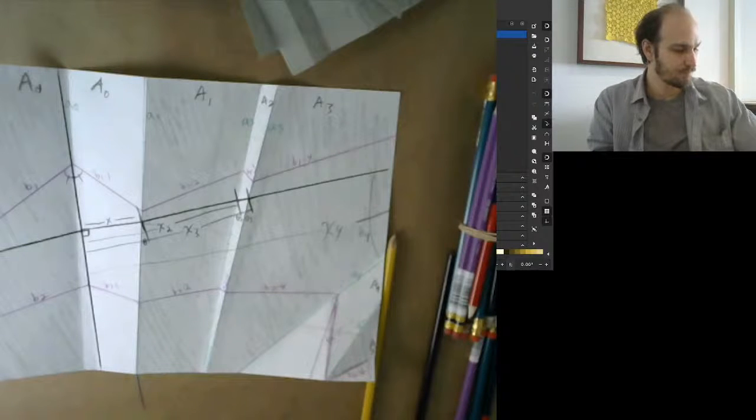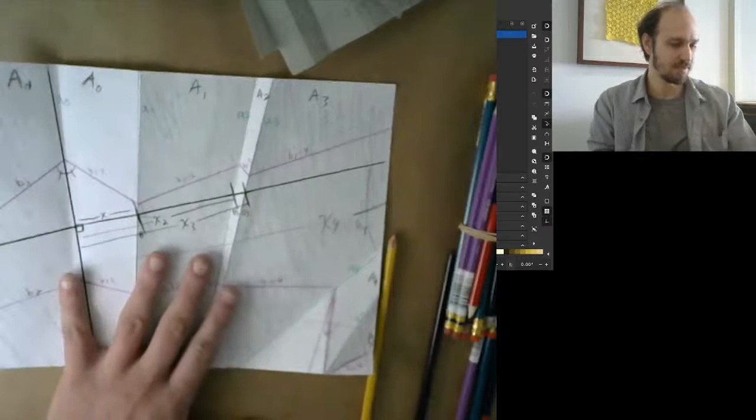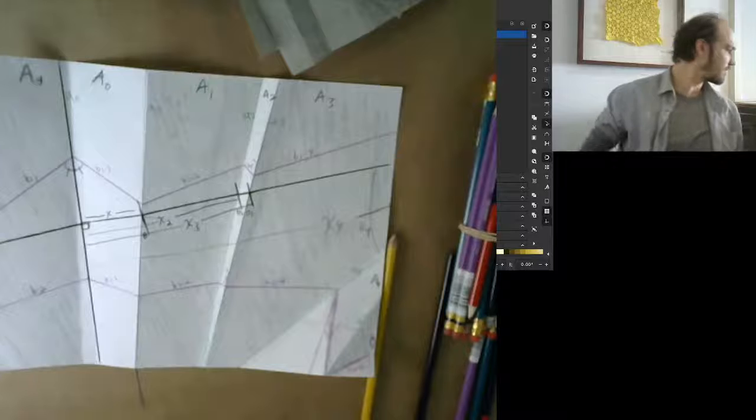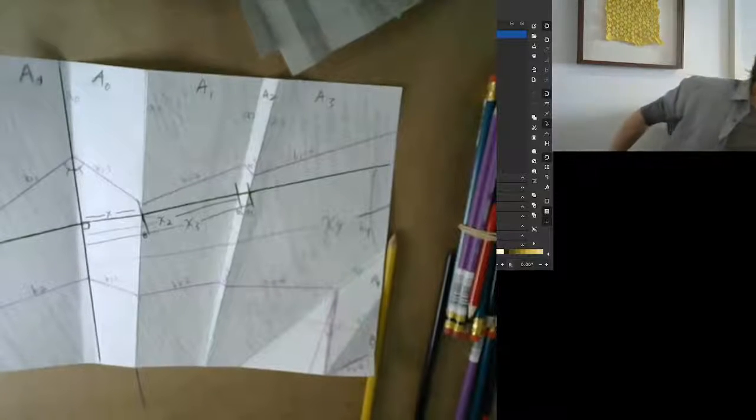So the oddity cases are, what are the oddity cases? Let me grab some paper.